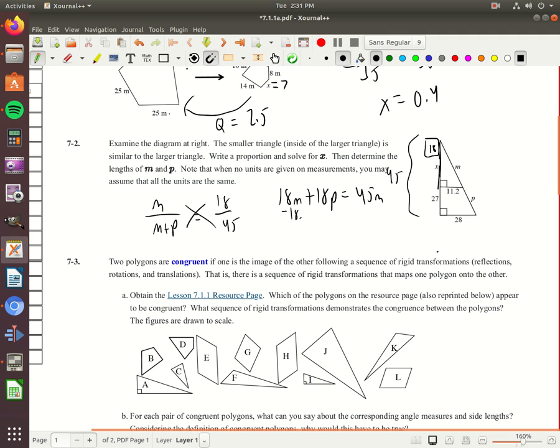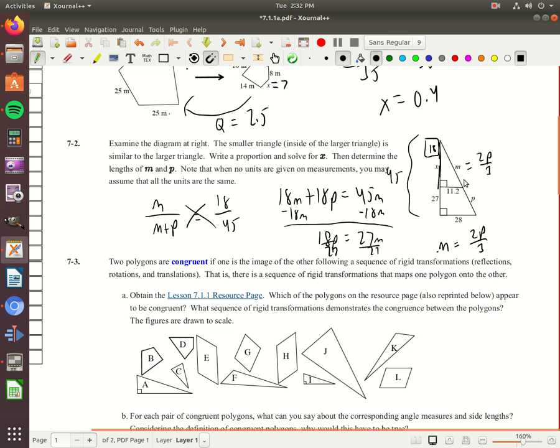I'll subtract 18M. I'm going to get 18P is equal to 27M. So if I divide by 27, M is going to be equal to 2P over 3. So now I have them in the same variable. Instead of using M, I can use it as 2P over 3.